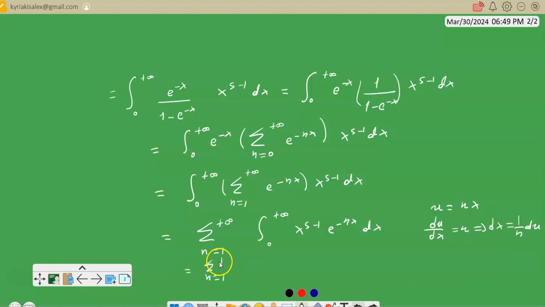I have sum from 1 to infinity, integral from 0 to infinity. Now I solve for x, so x equals u divided by n, to the power of s minus 1, e to the power of minus u, 1 over n du.